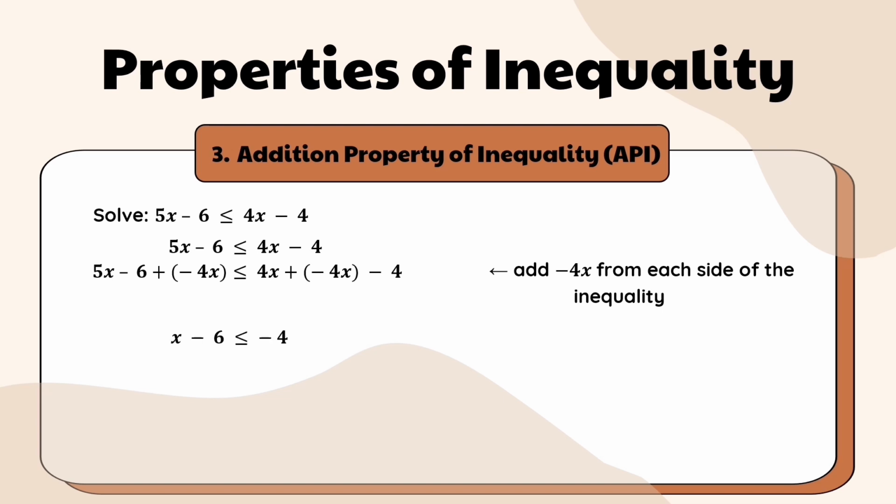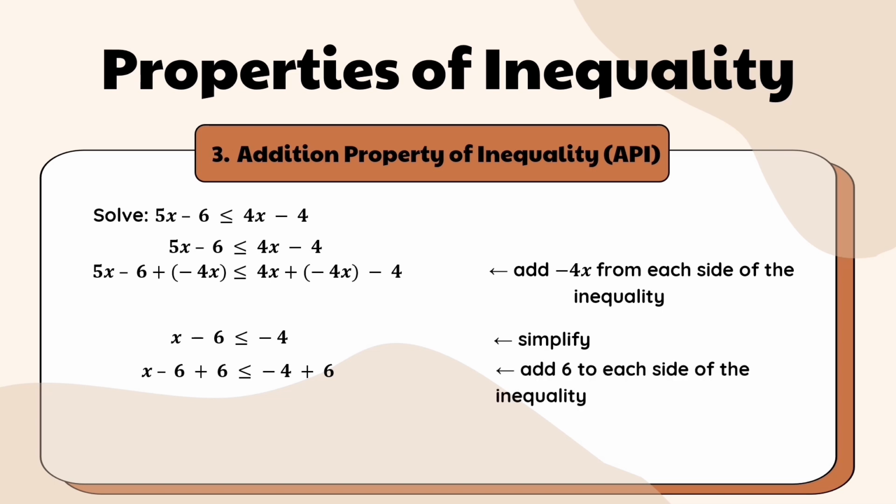So simplifying, we have x minus 6 is less than or equal to negative 4. And apply again the addition property of inequality. We will add 6 to each side of the inequality. So we have x minus 6 plus 6 is less than or equal to negative 4 plus 6.